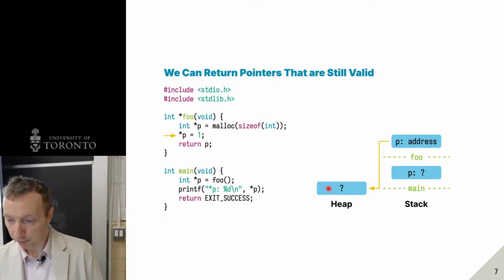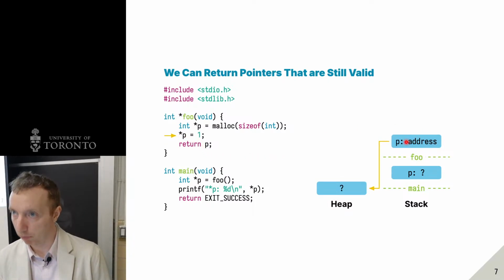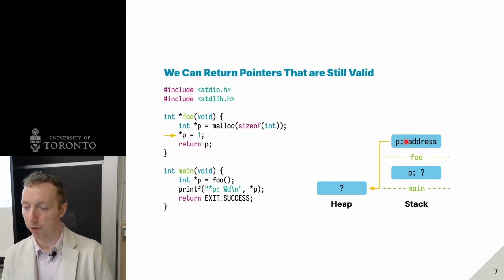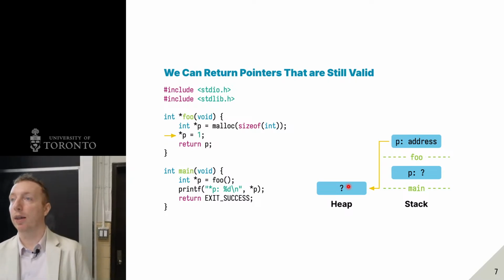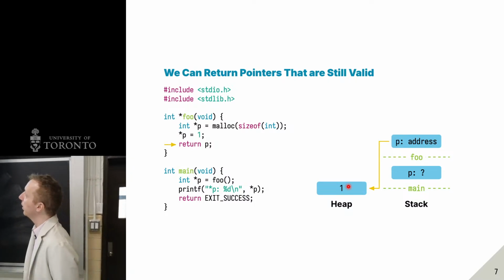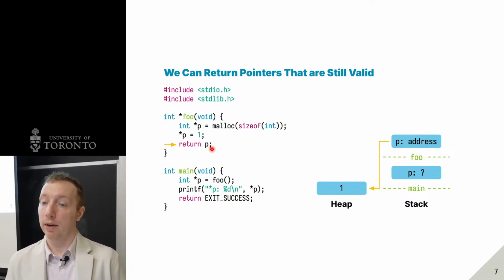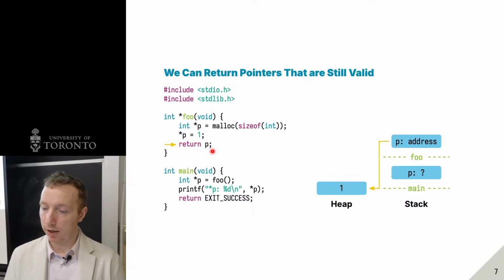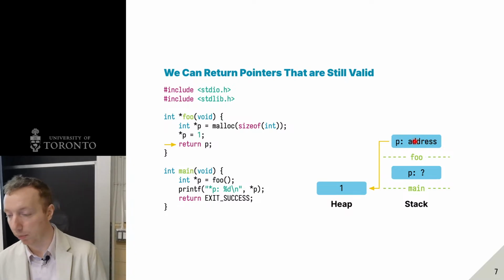All right. So dereferencing p just works like what we saw before. It would follow the pointer one step and access this value here. So if we dereference p, we'll be modifying this question mark and assigning the value 1 to it. Then when we return p, again, C is copy by value, so main will get a copy of this address as the return value.